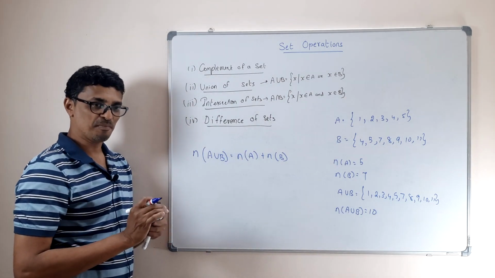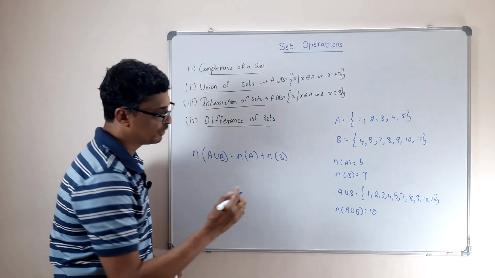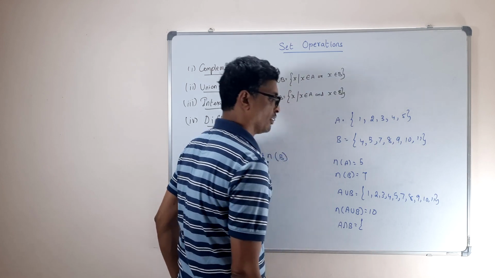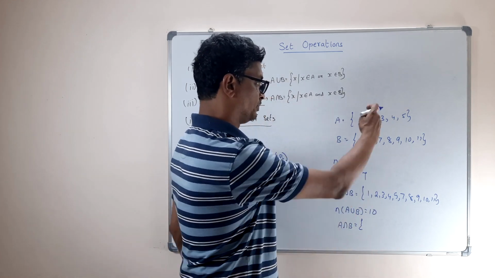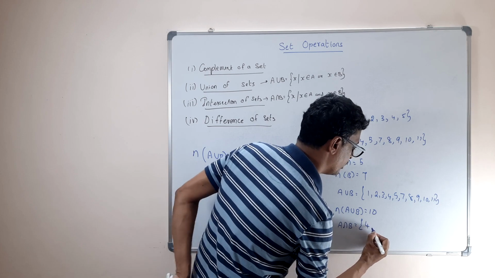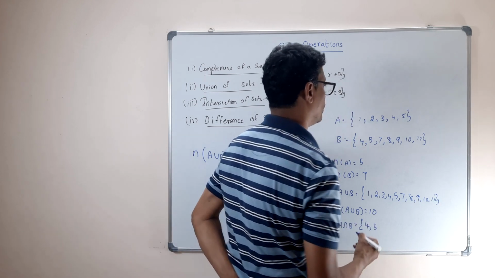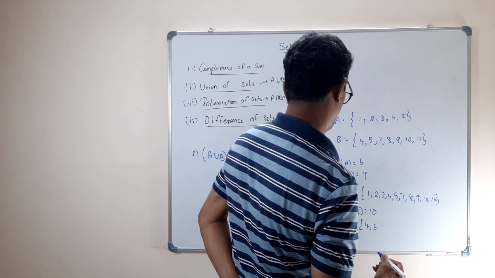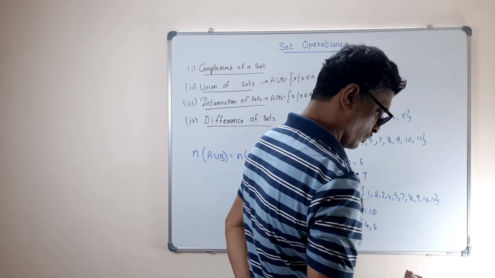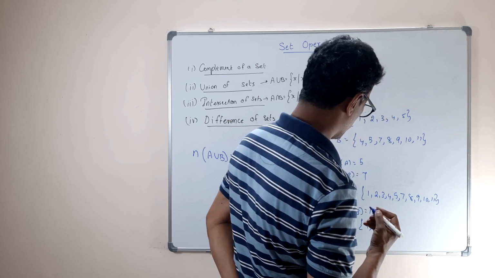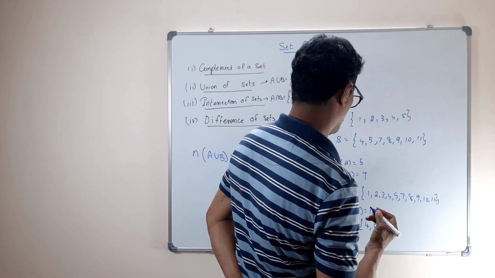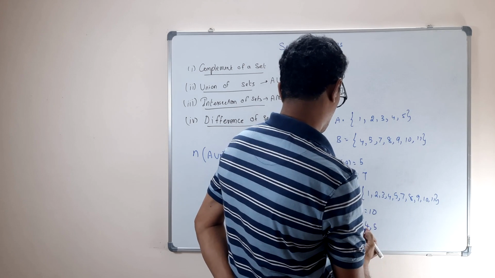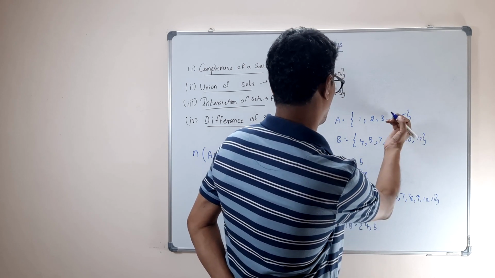Correct. Okay. So, can you tell me what is the intersection of A and B? 4, 5. Only 4 and 5 is there.